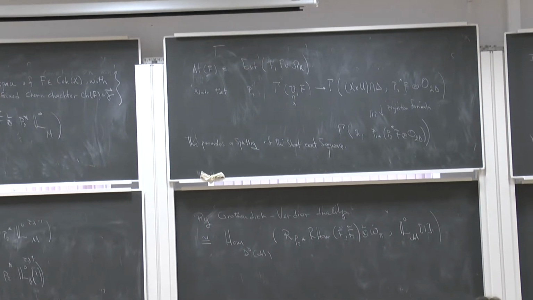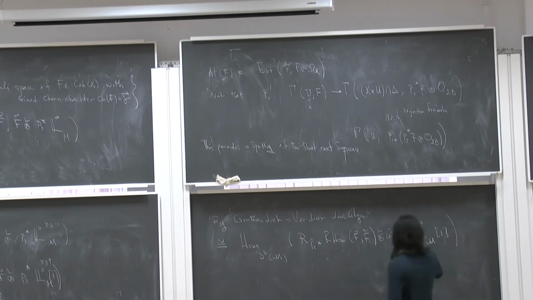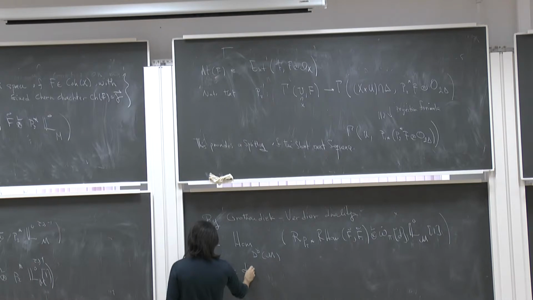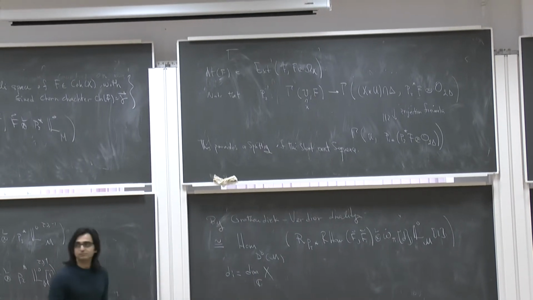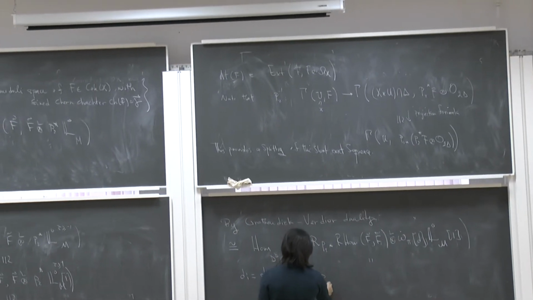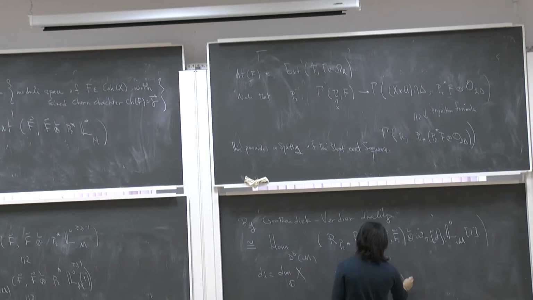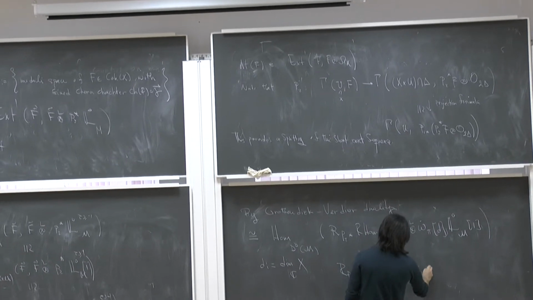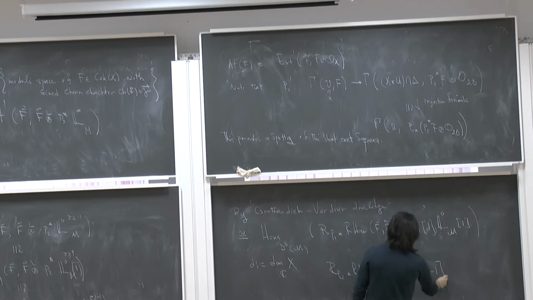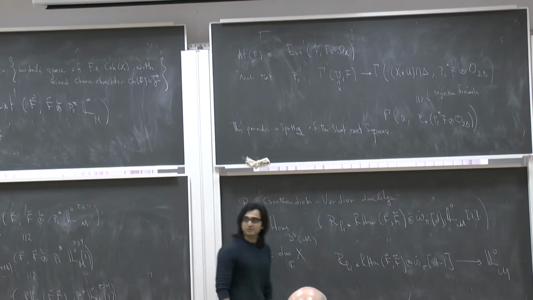The relative degree of this projection is just the dimension of the variety X. So let's say I shift this also by D, where D is defined as the dimension over complex numbers of X. So then I can realize this morphism as R pi 2 lower star, R Hom(F, F), tensor with the relative dualizing complex shifted by D minus 1 maybe, and then a morphism from that to the cotangent complex of my moduli space.